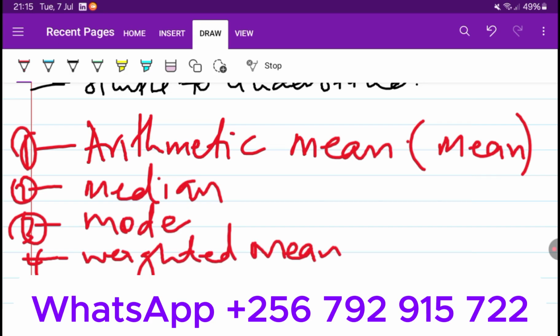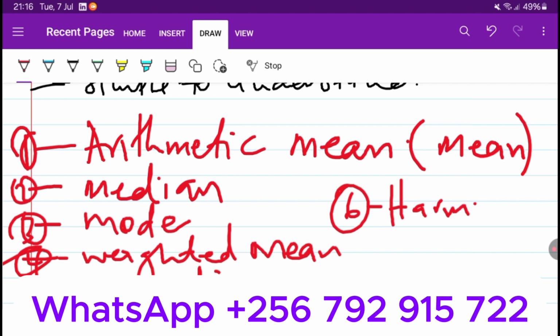Number 5, we look at the geometric mean. And finally, number 6, we shall look at what we call the harmonic mean. We are going to discuss each of these items independently.